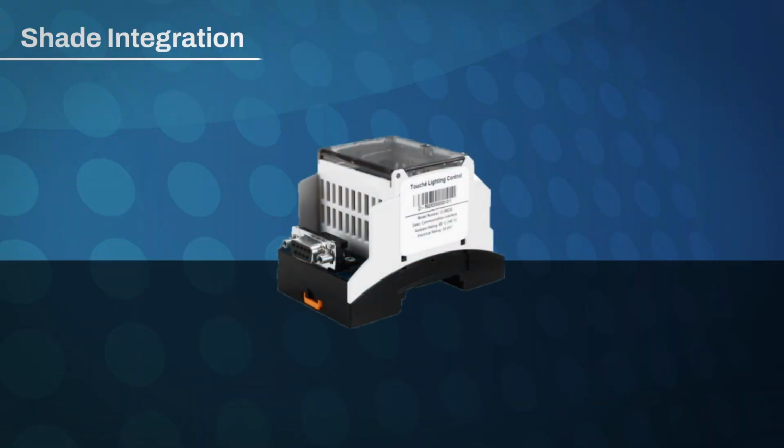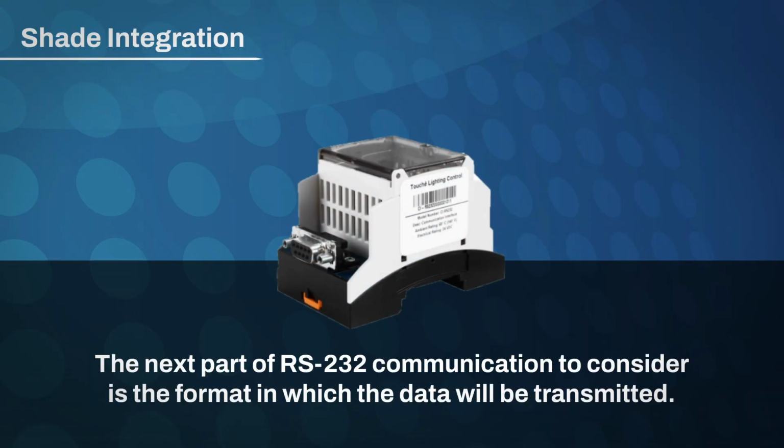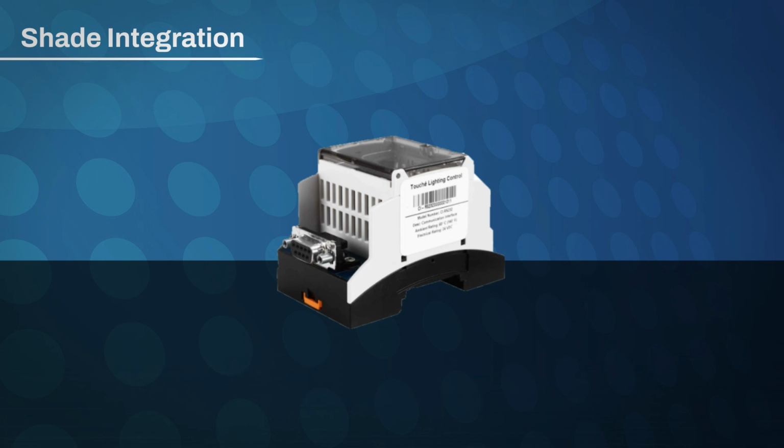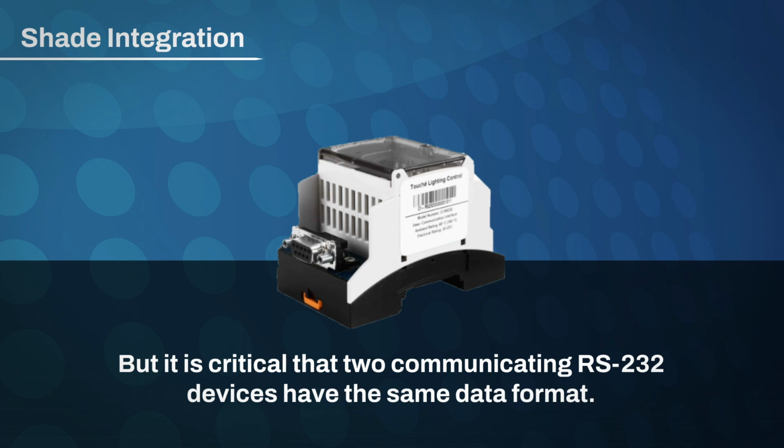With the string and delimiter defined, the next part of RS-232 communication to consider is the format in which the data will be transmitted. The core components of the data format are the baud rate, data bits, parity bits, and stop bits. We won't go into detail of what each component means, but it is critical that the two communicating RS-232 devices have the same data format.